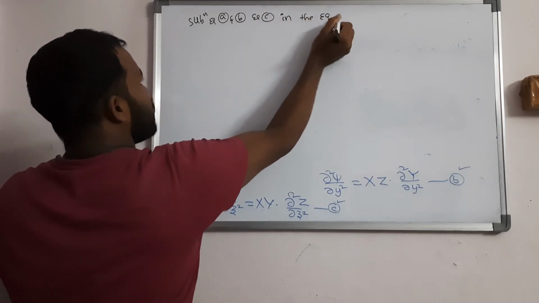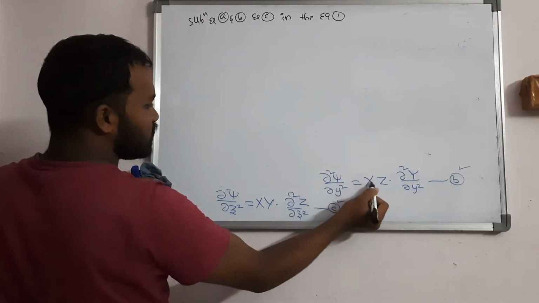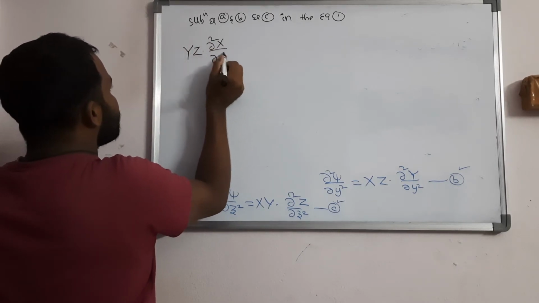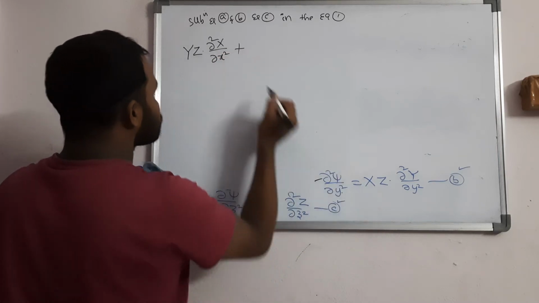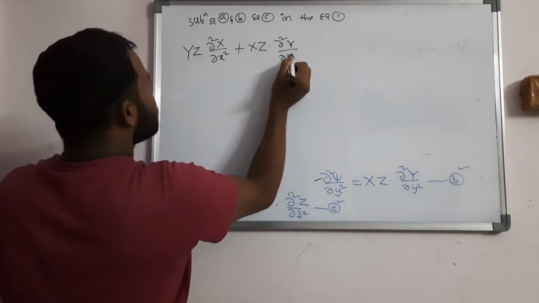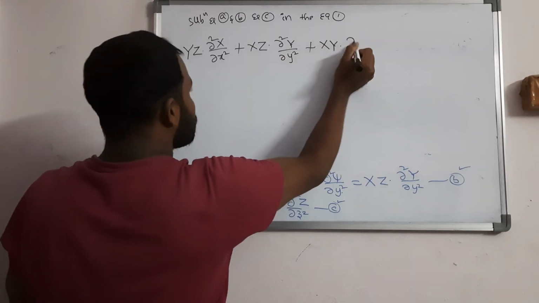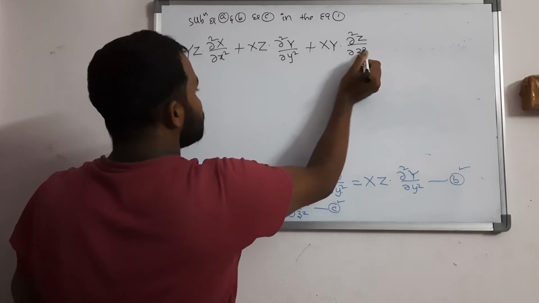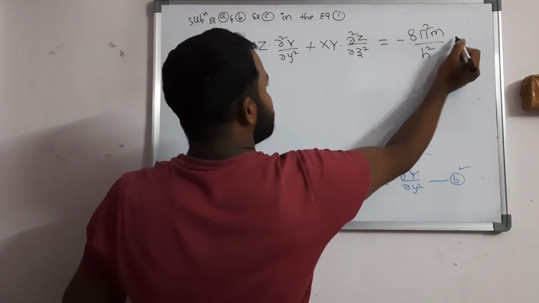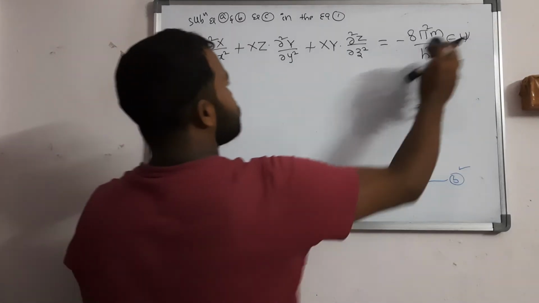In equation 1, what will you get? ∂²ψ/∂x², here you got YZ, that is Y into Z into ∂²X/∂x², plus X into Z into ∂²Y/∂y², plus X into Y into ∂²Z/∂z², that is equal to minus 8π²m/h² into E into ψ.